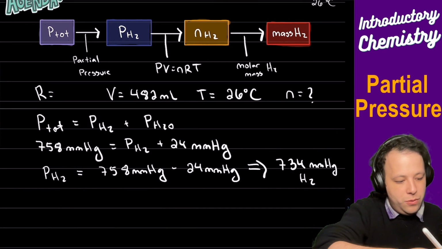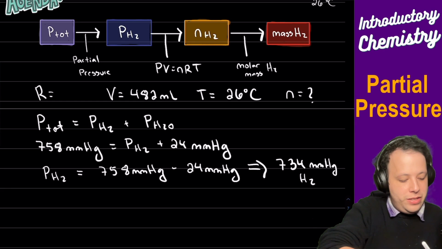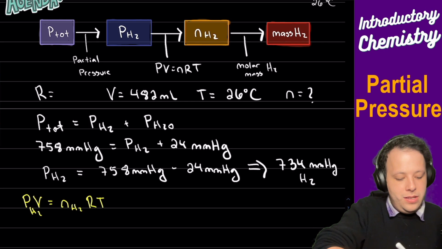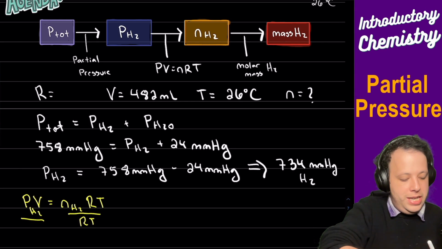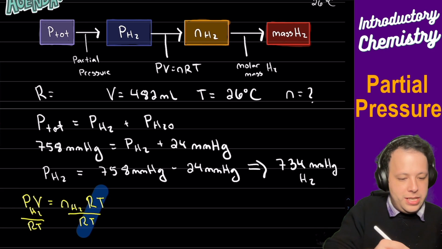Once we are doing that, what we need to do is rearrange it to solve for moles. And in this case, it's going to be moles of H2 in particular. So we'll divide both sides by RT. This will get moles by itself.